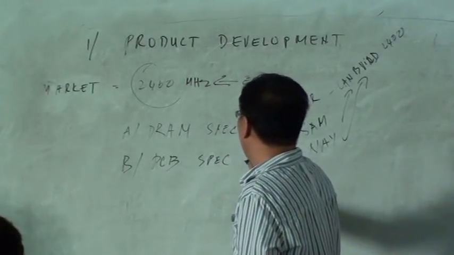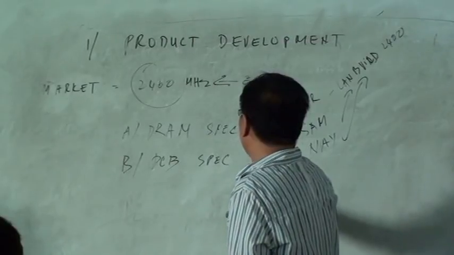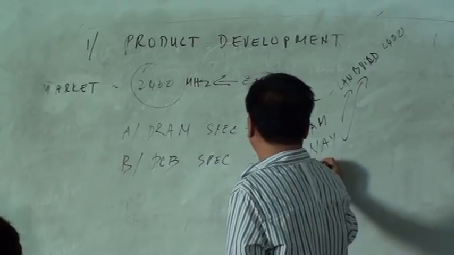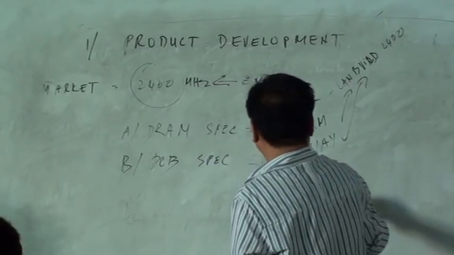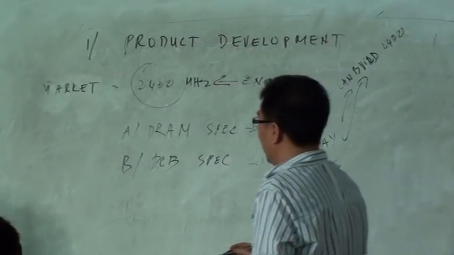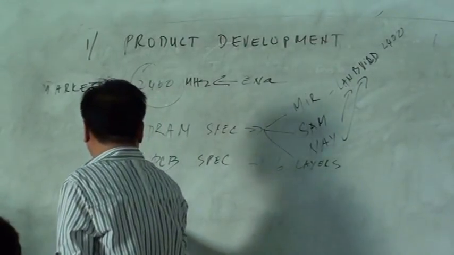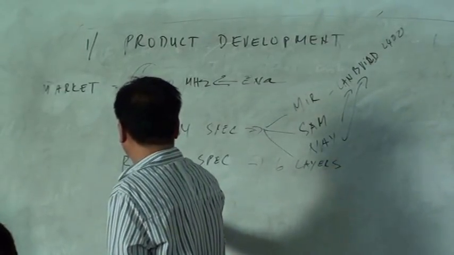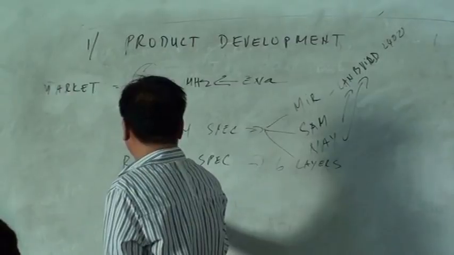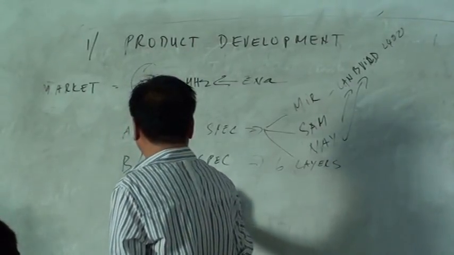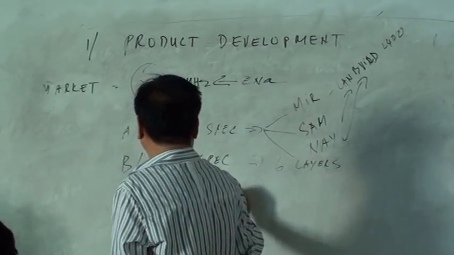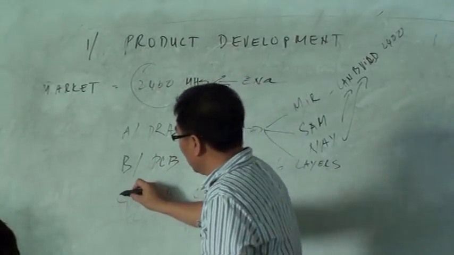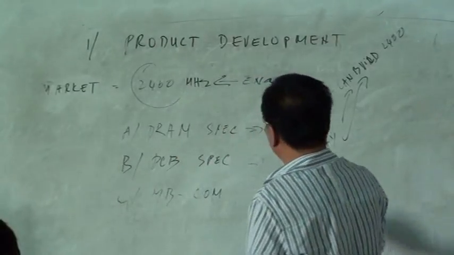That means this PCB is 6 layer, something like that. Okay. C, MB compatible. Okay. MB, motherboard compatible.